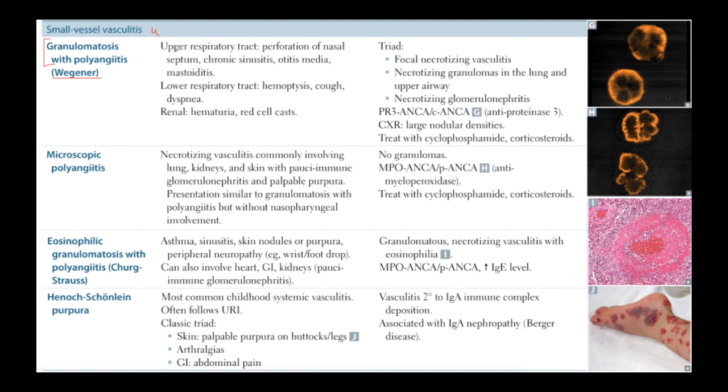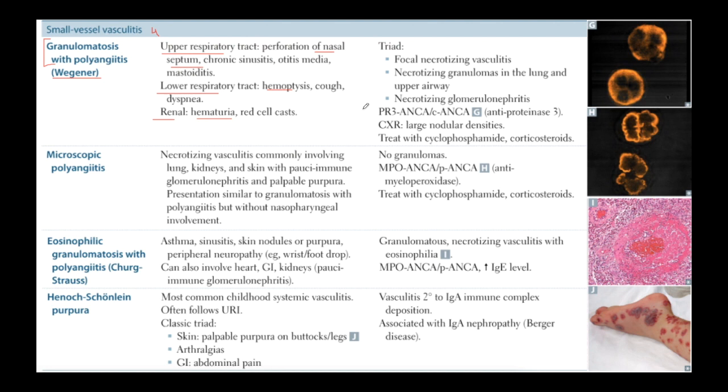So you can see upper respiratory tract problems with perforation of the nasal septum, chronic sinusitis, otitis media, mastoiditis. That you can see lower respiratory tract problems with hemoptysis, cough, dyspnea, and renal issues as well, such as hematuria and red cell casts.